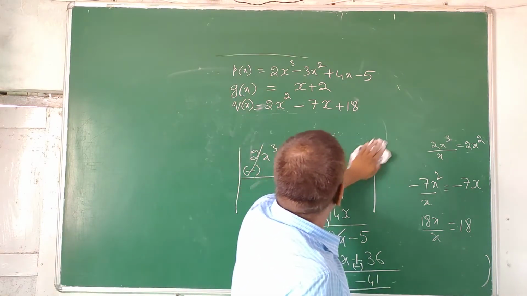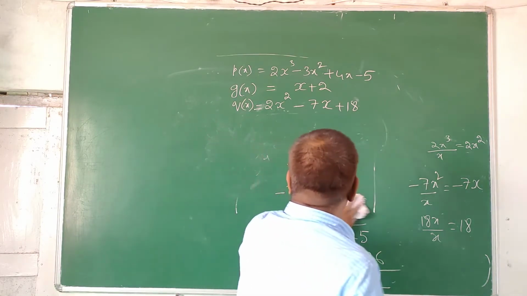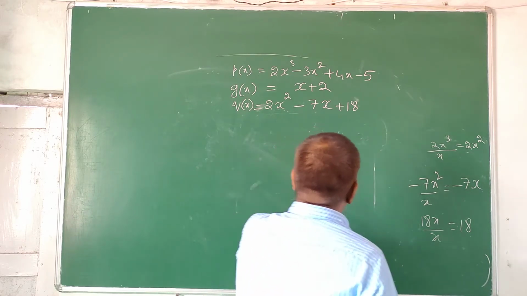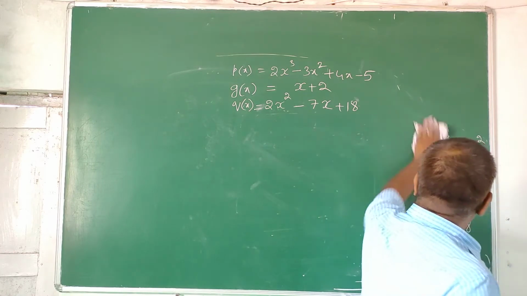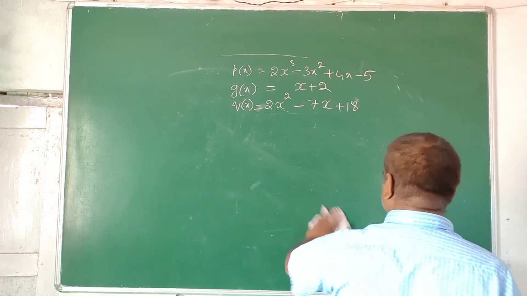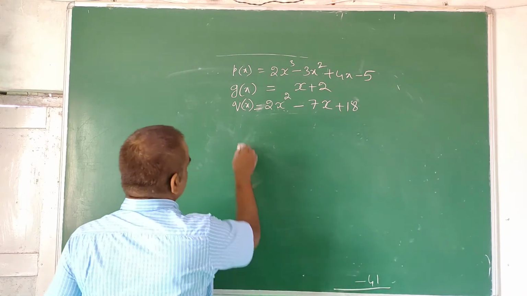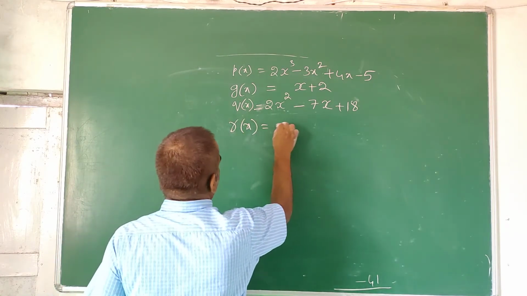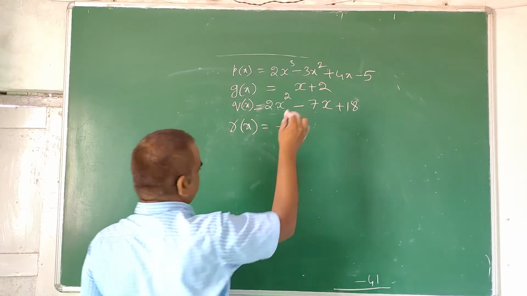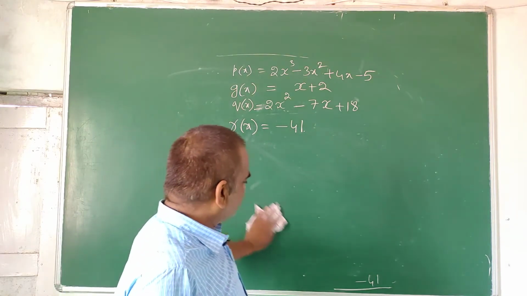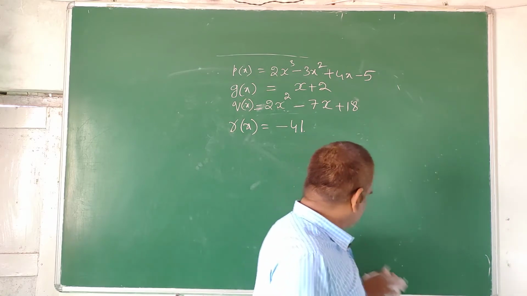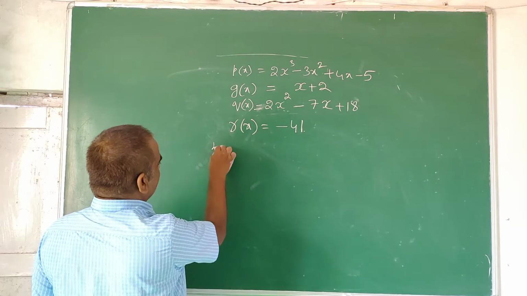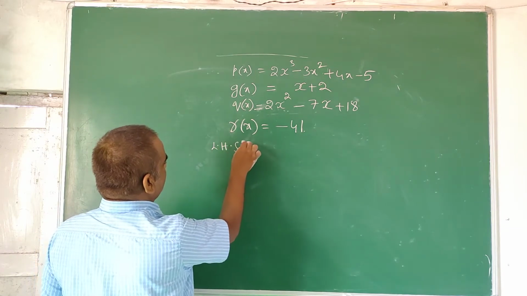Now, what is r of x? Minus 41. Now, we are going to verify division algorithm. So in division algorithm of polynomials, what is LHS?